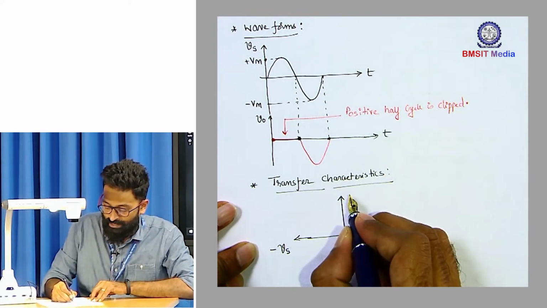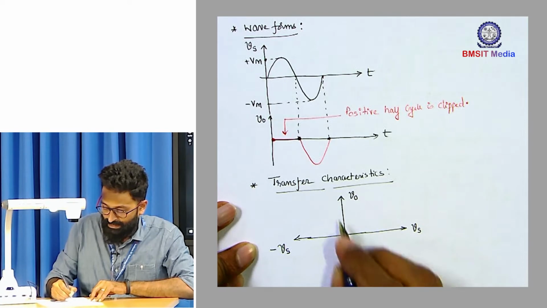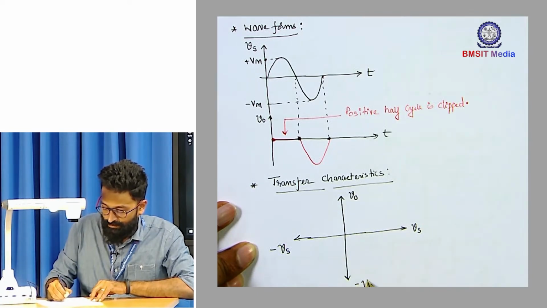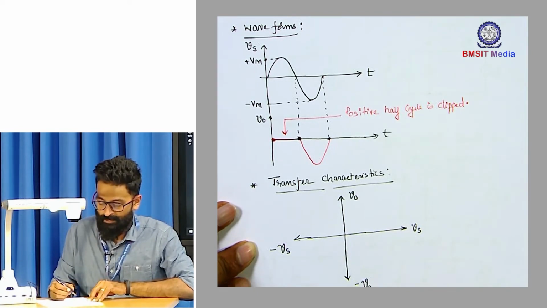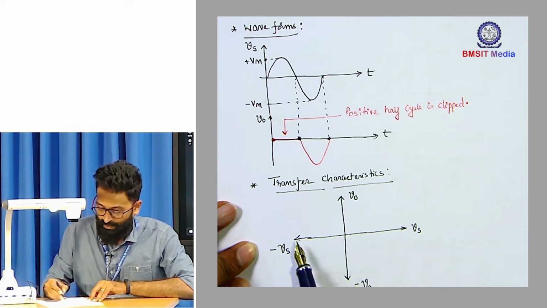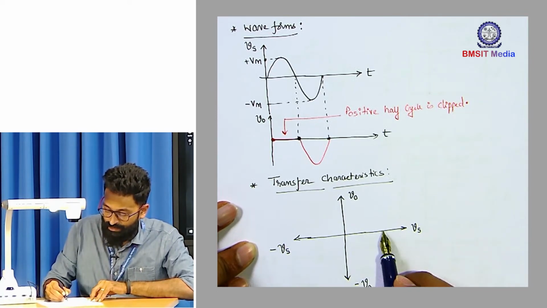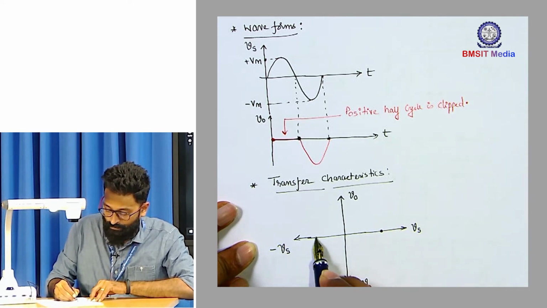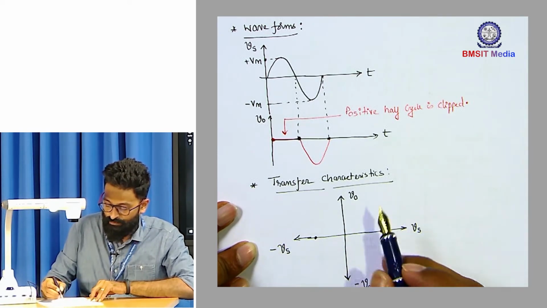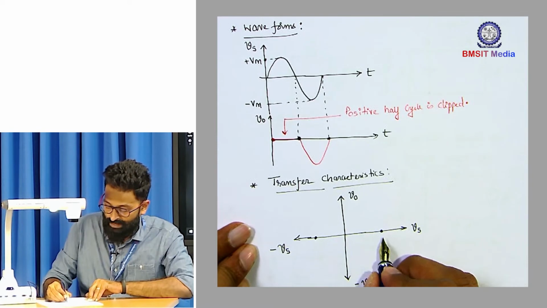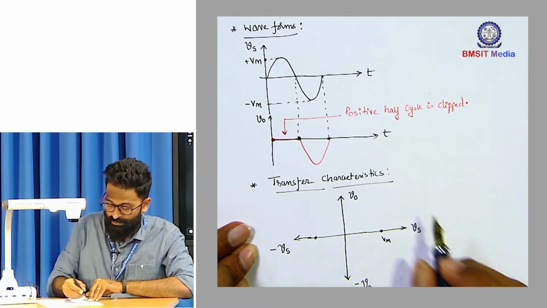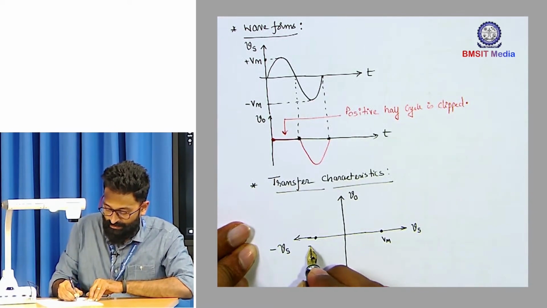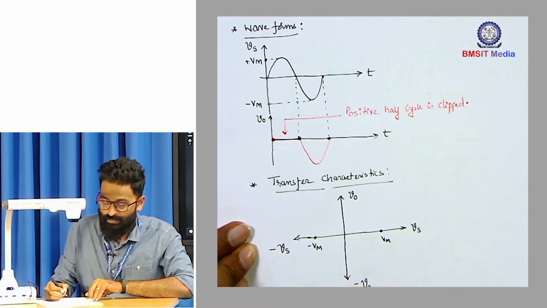So positive y-axis is plus V0 and negative y-axis is minus V0. Okay. And along x-axis you can mark the amplitudes of the input on either side of the x-axis. So for the positive half cycle, the maximum value is Vm, and for the negative half cycle, the maximum value is minus Vm.